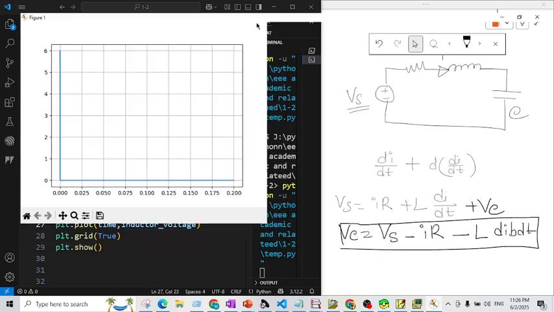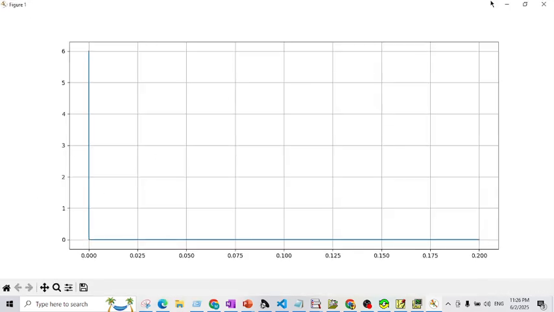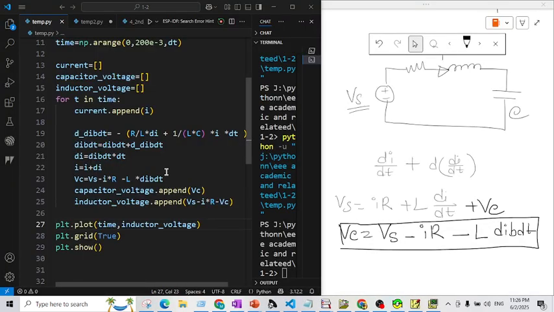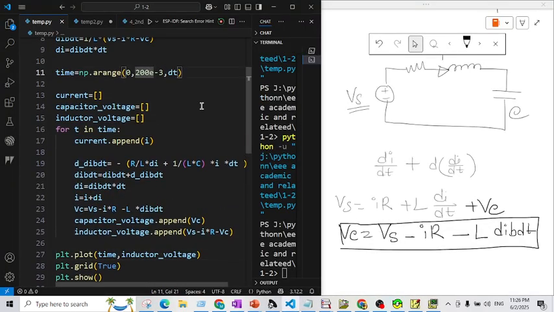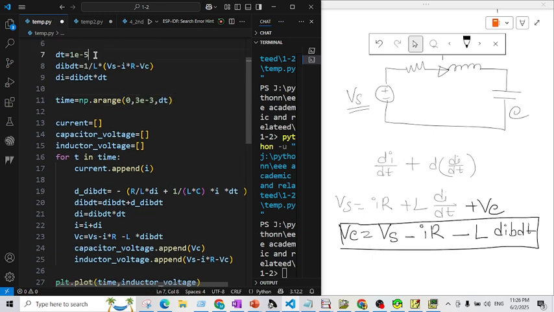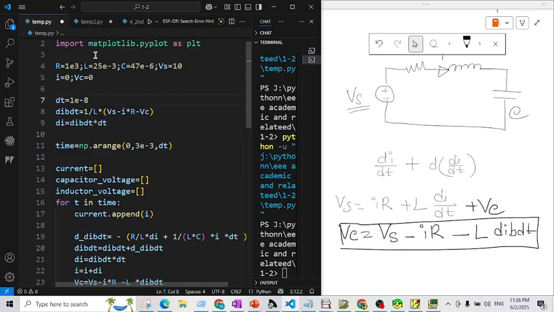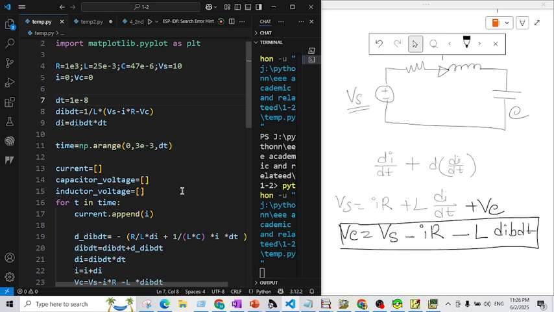Wow, what happens here? Now we have to see the time, let's say at 3 millisecond. To see the graph at 3 millisecond, let's decrease dt to 1e-8 and see how sharp it falls.